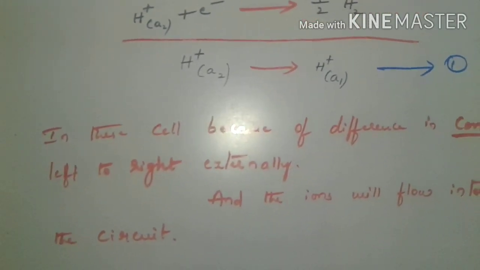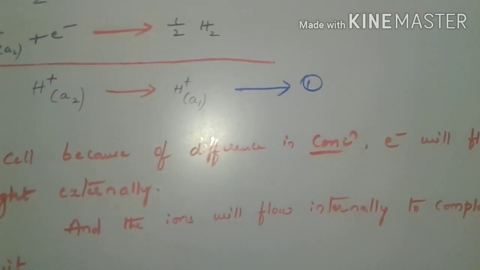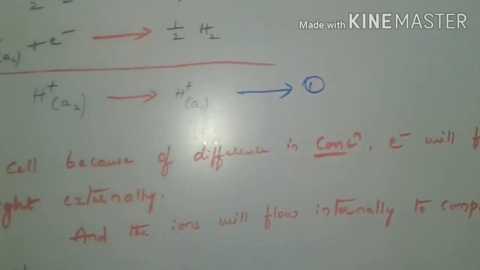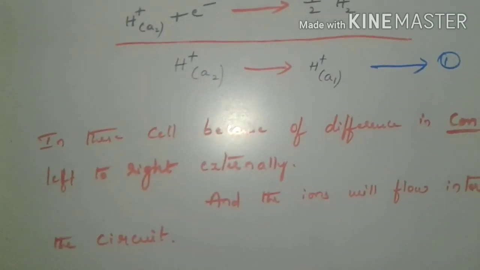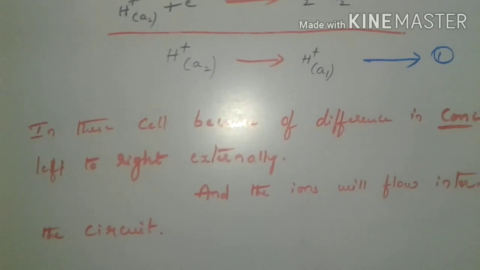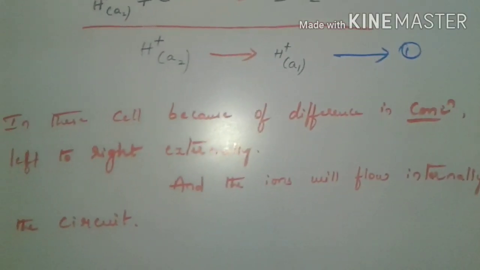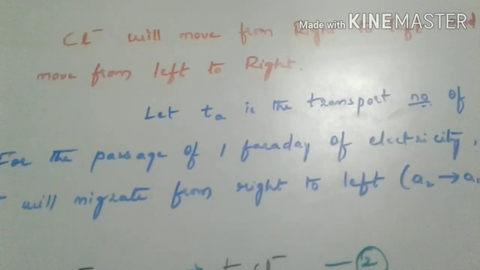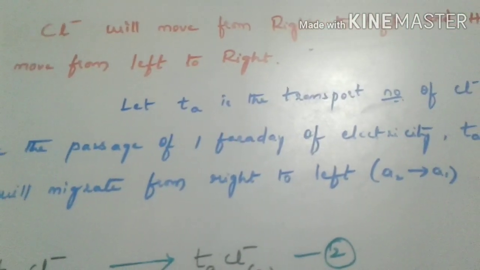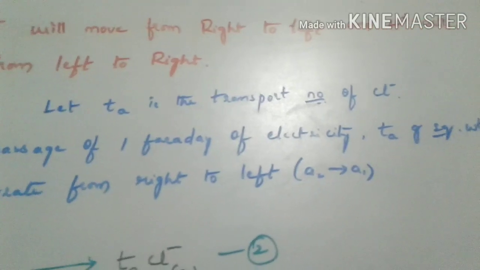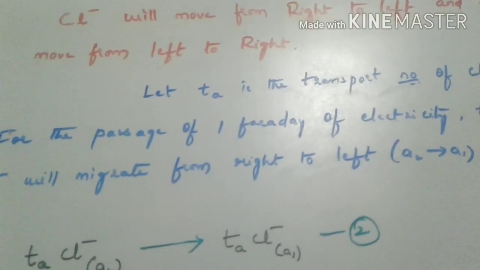In these cells, because of the difference in concentration, electrons will flow from left to right externally and the ions will flow internally to complete the circuit. Cl minus ions will move from right to left and H plus will move from left to right.